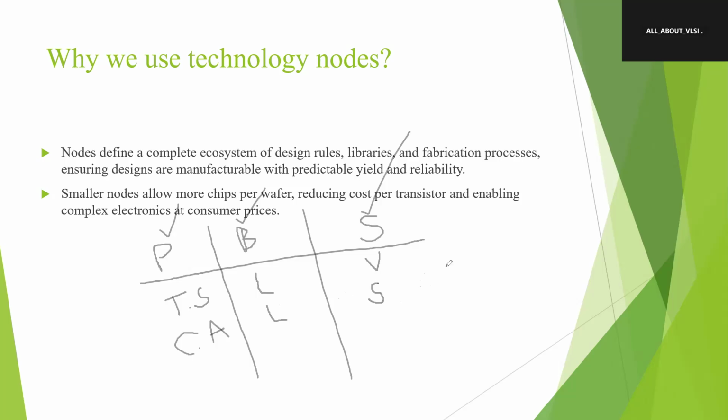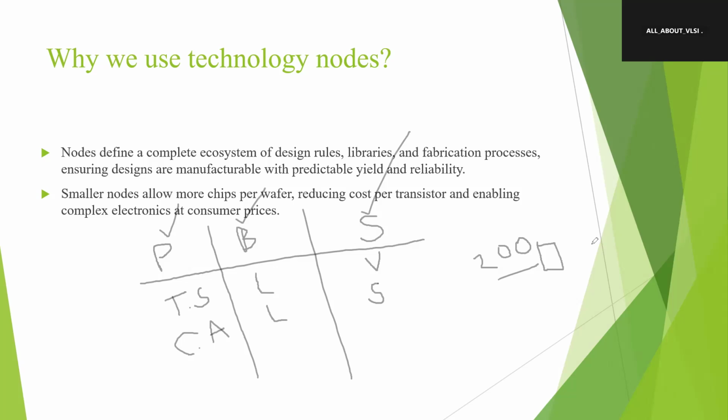Why? Consider 200 transistors. We can place these 200 transistors in a single chip in smaller nodes, but in bigger nodes we are dividing the transistors into two chips, placing 100 transistors in one chip and the rest in another chip.